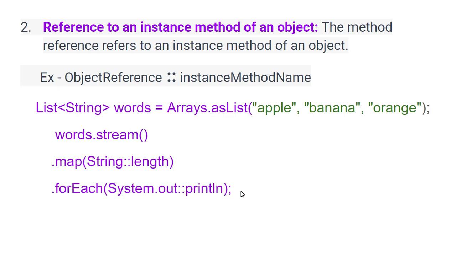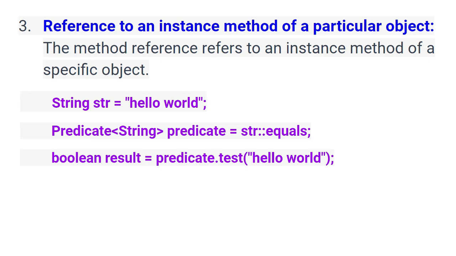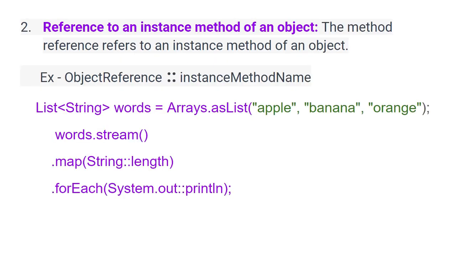So this is the example of reference to an instance method of an object. Okay, let's do the practical, so then we can understand reference to an instance method of a particular object.